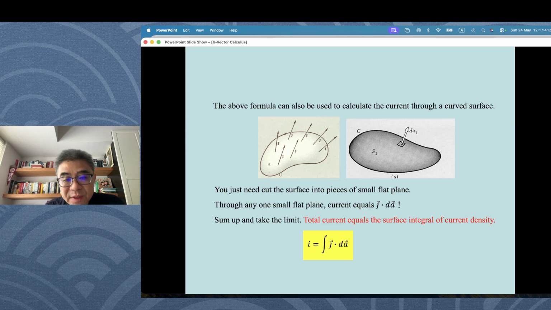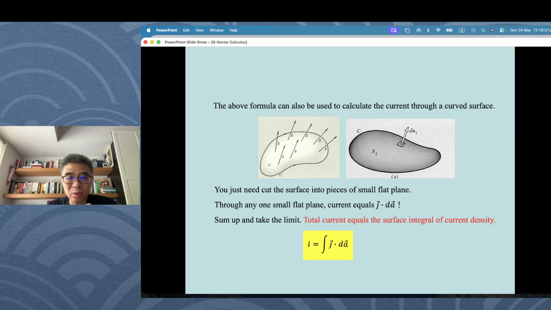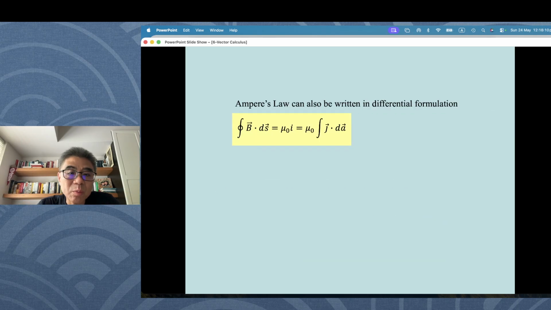Okay, with this formula in mind, it is so easy to convert Ampere's law into differential form, because in Ampere's law, the line integral of the magnetic field equals mu 0 I. This I is just the current flowing through the surface inside the path, the boundary. And according to the formula I have just shown you, this I could be written as a surface integral of the current density, J dot dA.